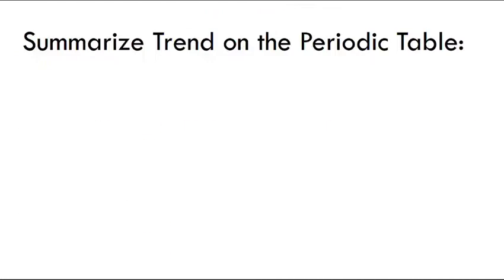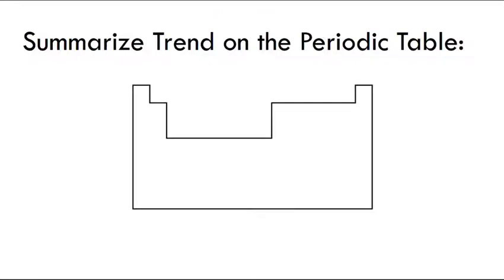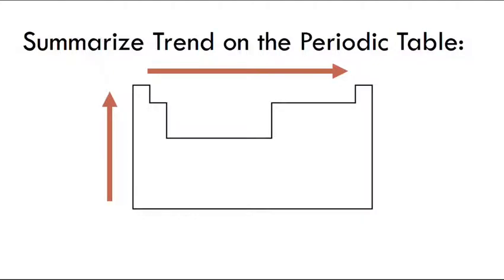So putting these two trends together on that periodic table, if we are increasing as we move from left to right in a row and decreasing as we move down, that means our biggest ionization energies are at the top of our columns.